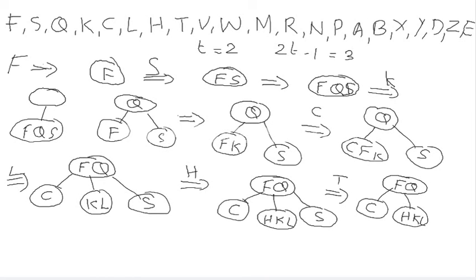Then the next input is, after T, you have V. So V needs to be inserted to this node. Okay, V should go to this S, T, U node.